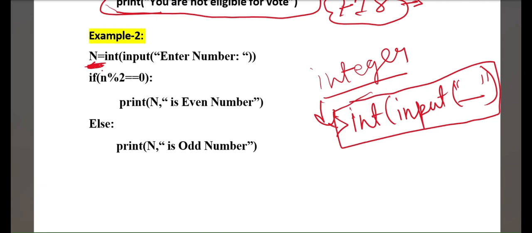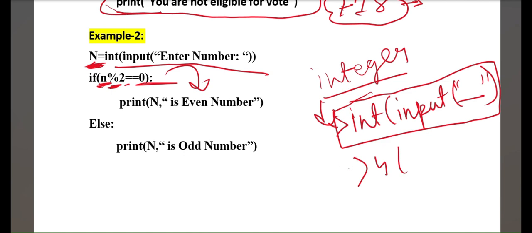So over here, the user is taking a number as input. Here the condition is: if number modulus 2 equal to 0, then print the even number. What is the meaning of this? Let's suppose the user is taking 4 as input, so now divide it by 2. So here the remainder is 0.